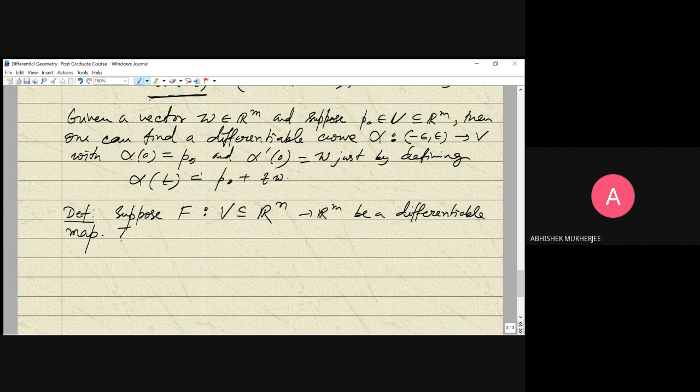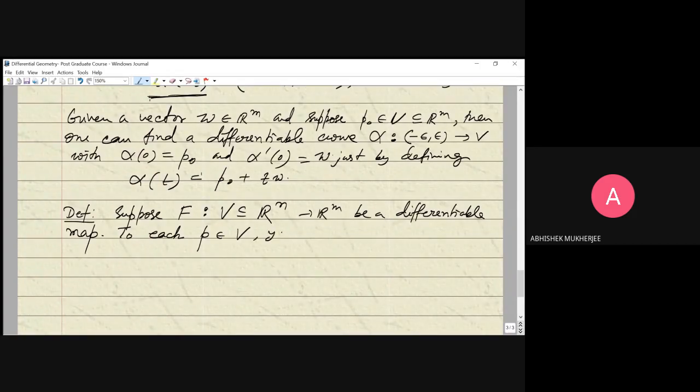Then to each P belonging to V, since it is differentiable, F is differentiable at P. So there exists a derivative at P of F, right?